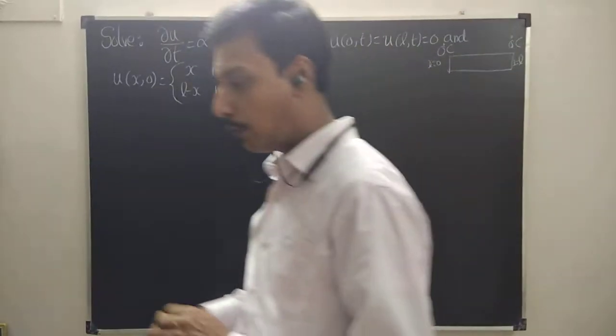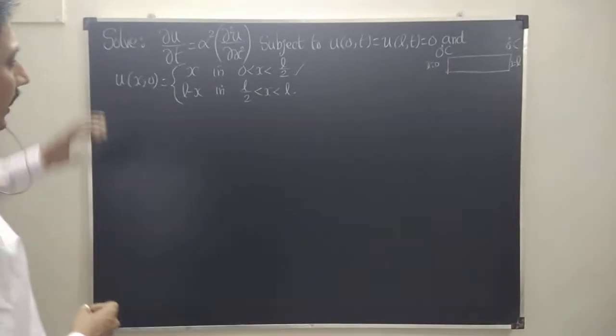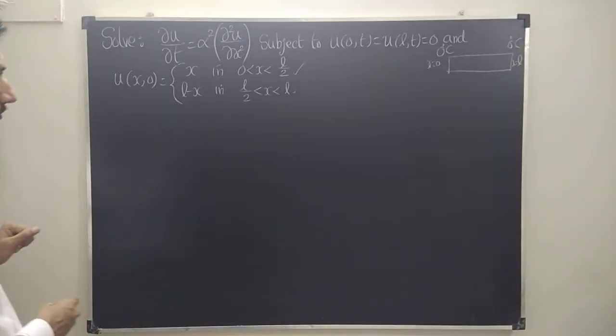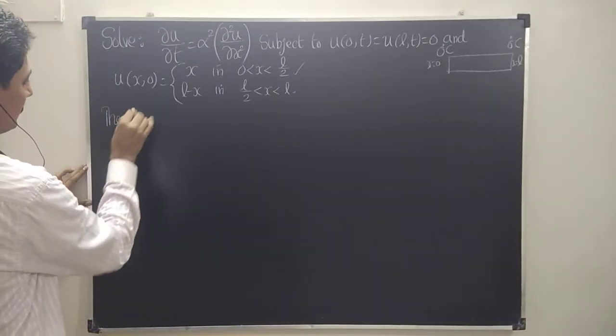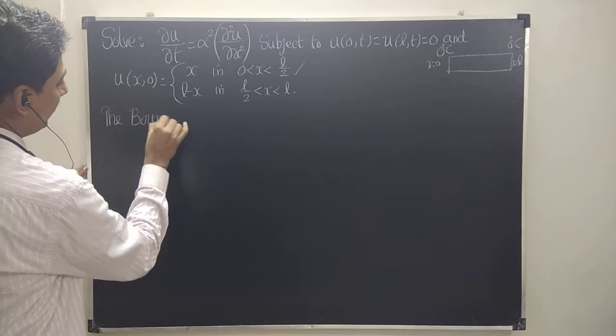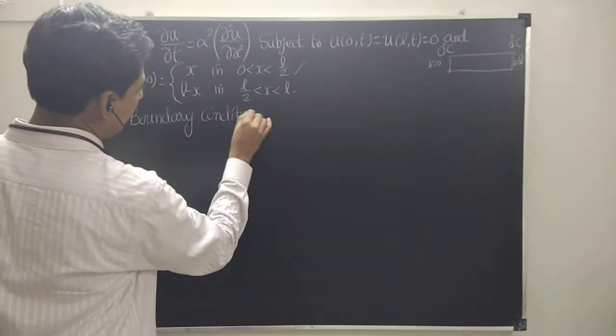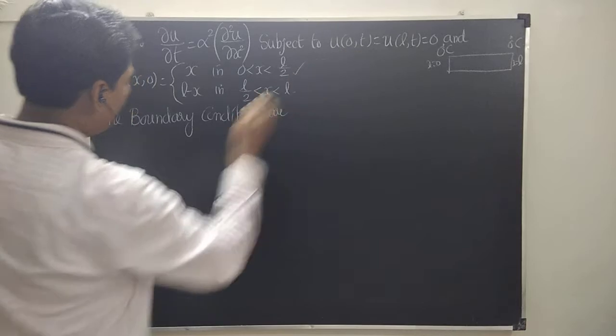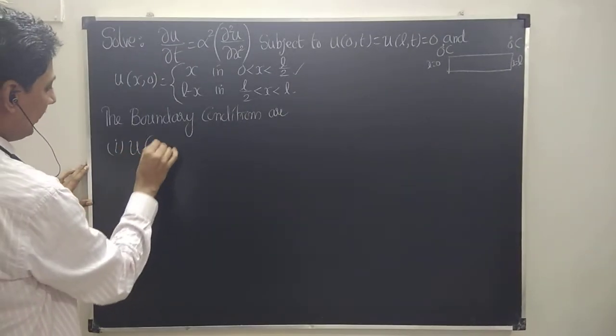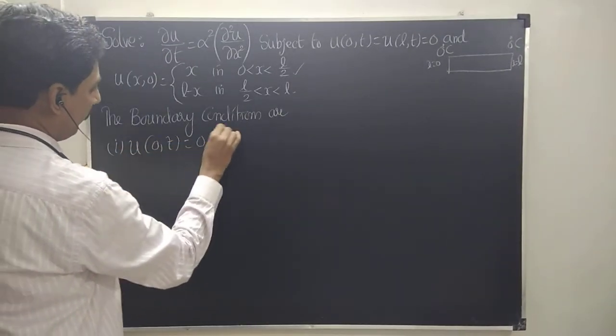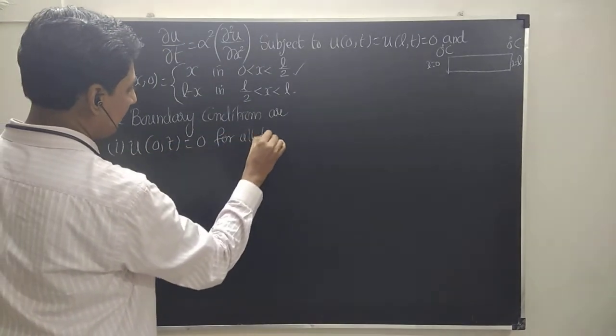So what will be the solution when I solve this one-dimensional heat flow equation? You see, already we know the boundary conditions, and they are already given here. The first one, when x equal to 0, for all the time t, the temperature is 0.